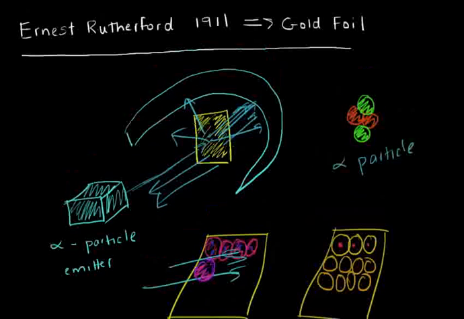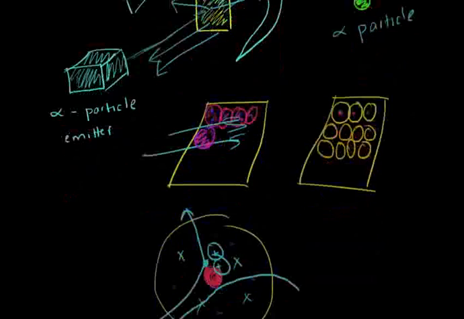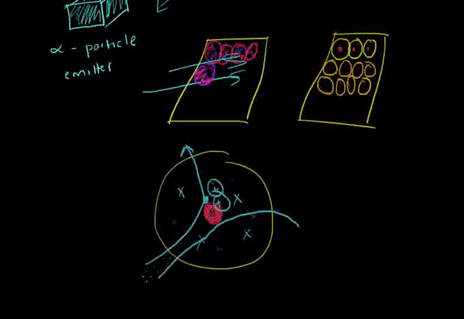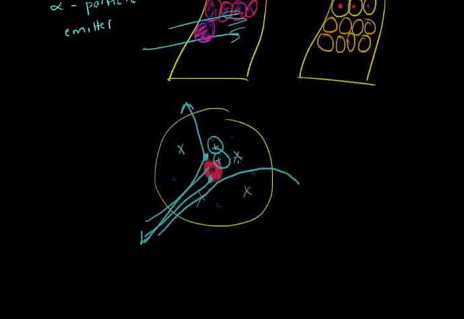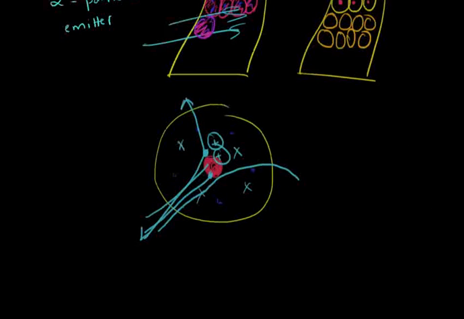And that's why we see a lot of alpha particles being deflected from that straight line. They're being deflected to hit sides of the detector. And when some alpha particles had a direct hit with the nucleus, they would be reflected right back at the alpha particle emitter. And so Rutherford thought that this nuclear model of the atom helped explain his experimental results.